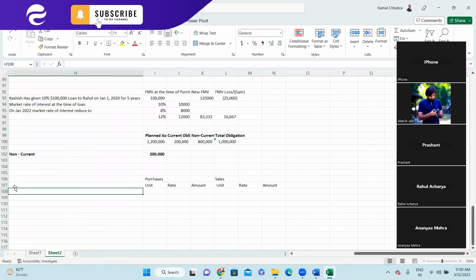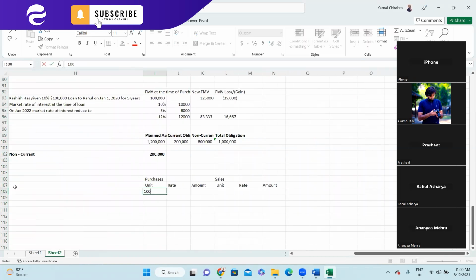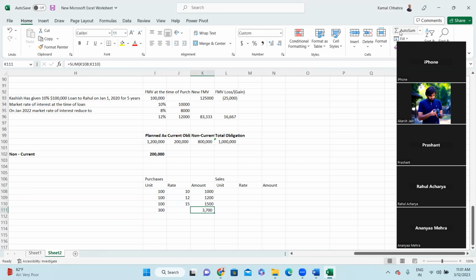So how much have you purchased? 100 units, 100 units, 100 units at 10, 12, 15. This multiplied by this, how much is your total inventory? Right? And now, out of this 300, how much have you sold? 250 units.